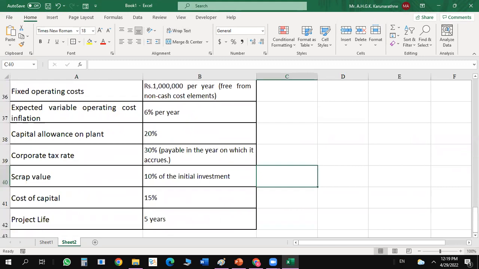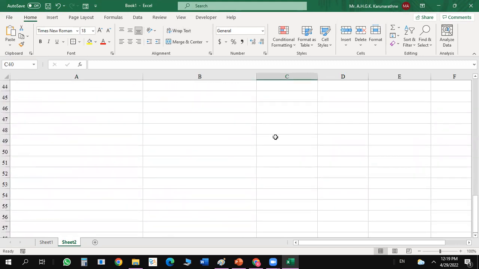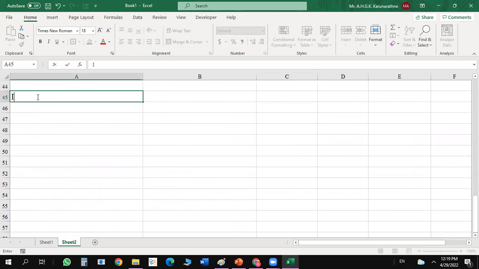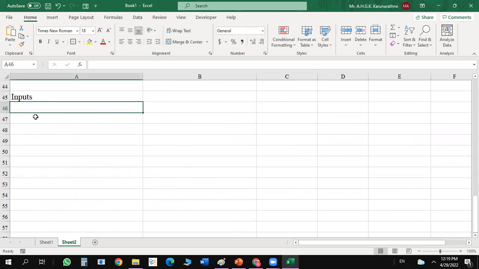Let's use our traditional inputs and outputs method. What are the inputs?